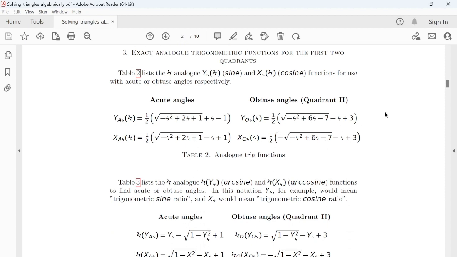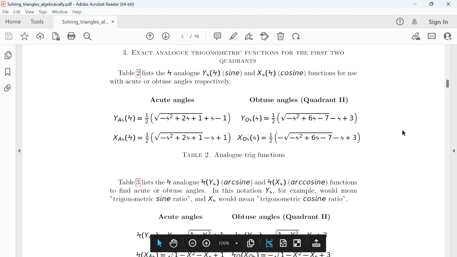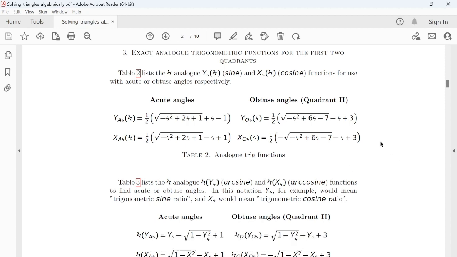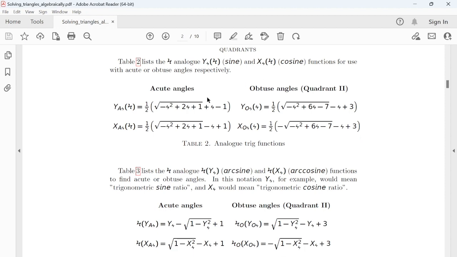Now, quatern trig functions and inverse trig functions are completely valid in all 4 quadrants. I'm only including quadrants 1 and 2, acute and obtuse angles, simply because I'm presenting this in the context of solving a triangle. We don't need quadrants 3 and 4 for that, but I need everybody to know that we have those equations for the other quadrants.